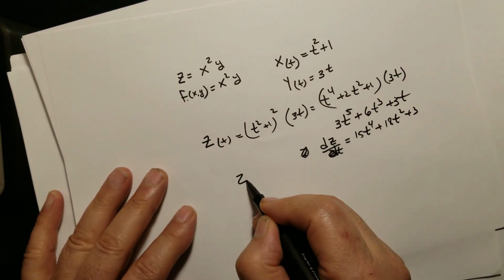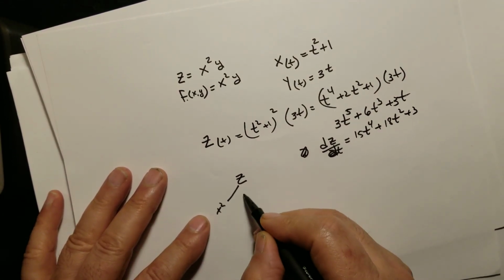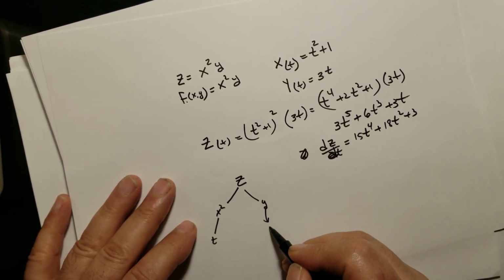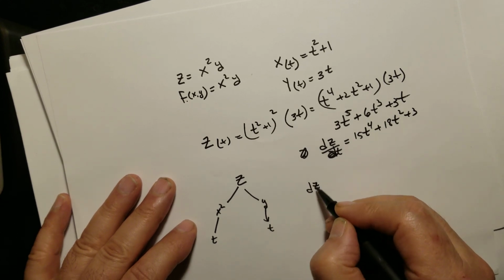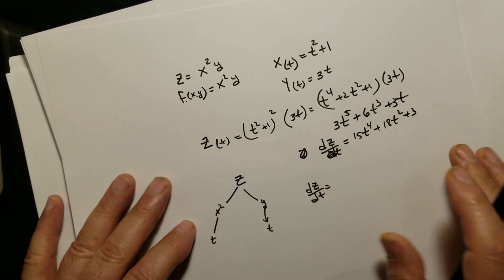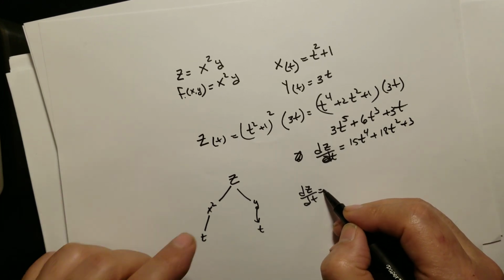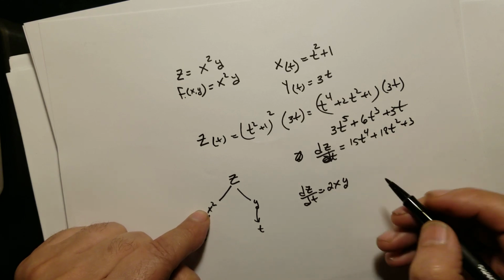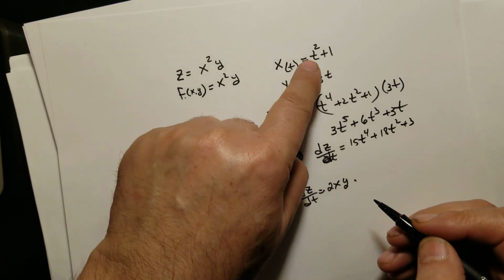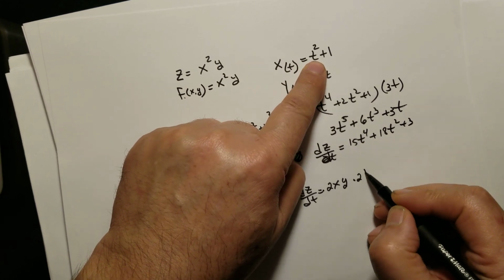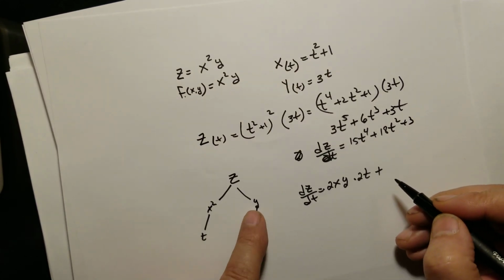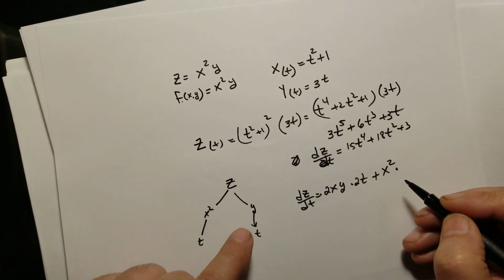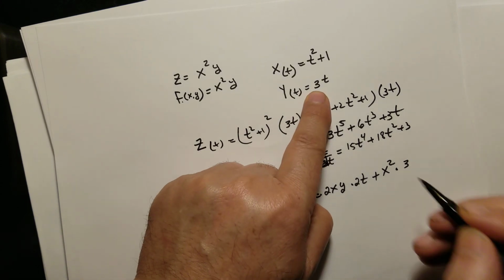But another student said, can I go ahead and branch this off to x squared and y? Then x is a function of t and y is a function of t, and write dz/dt equal to the partial derivative of z with respect to x, which is 2xy, with y constant, times the partial derivative of x with respect to t, which is 2t, plus the partial derivative of z with respect to y, which is x squared, times the partial derivative of y with respect to t, which is 3.